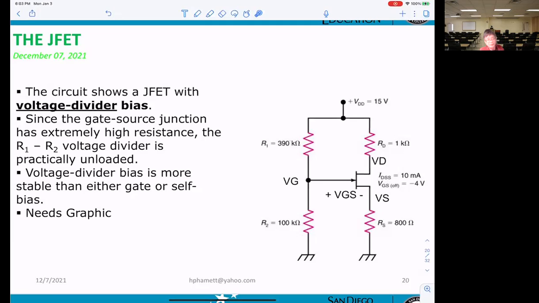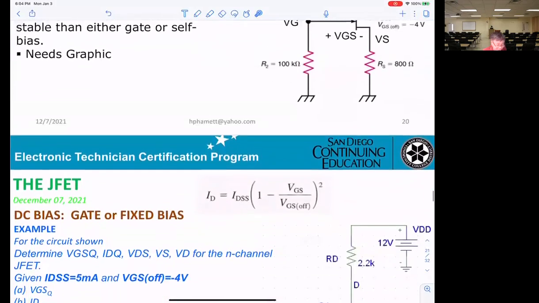So when they want to build the amplifier with the JFET, the first thing is to go to the DC bias. You can build with the fixed bias circuitry, you can build with the self bias, or you can build with the voltage divider bias, no matter what, okay? But normally they use voltage divider bias.